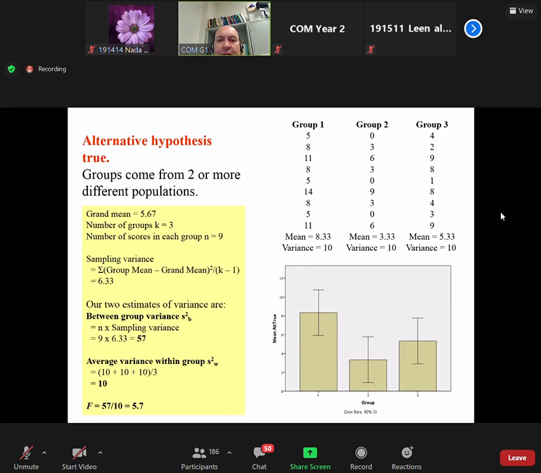The null hypothesis is that there is no difference between the three means. That means that if the null hypothesis was true, then these 3 sets of 9 numbers would be coming from the same population, with the same mean and standard deviation and so on.